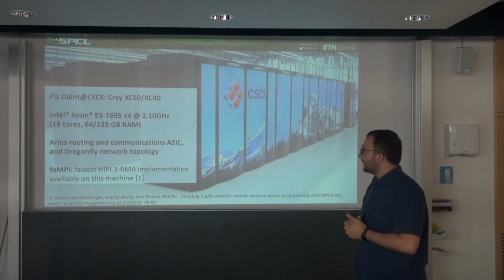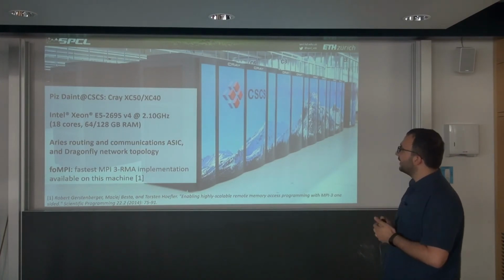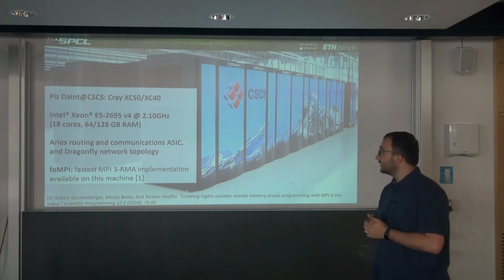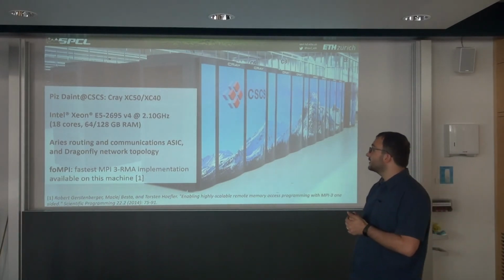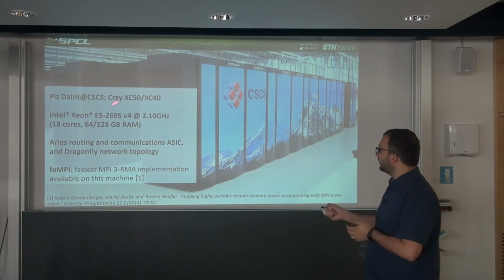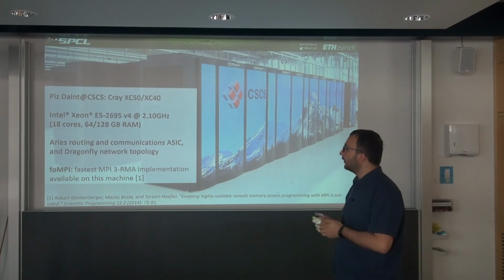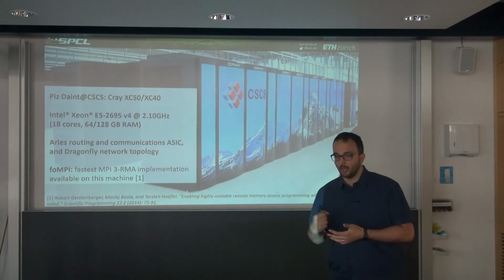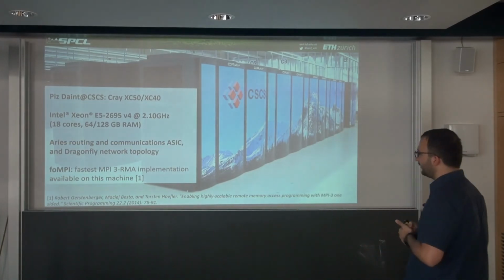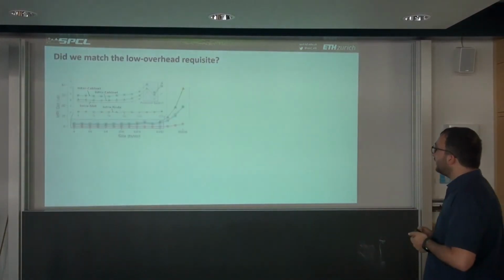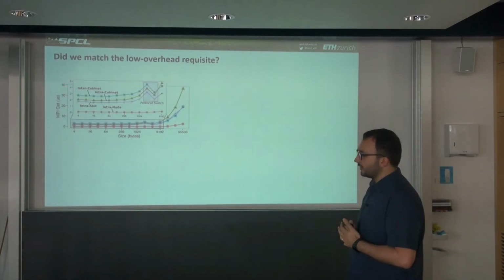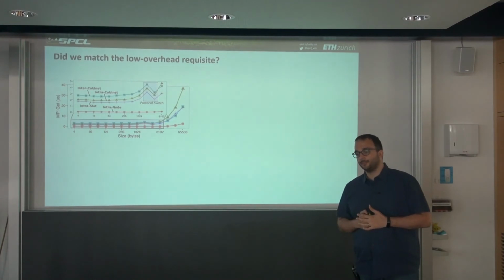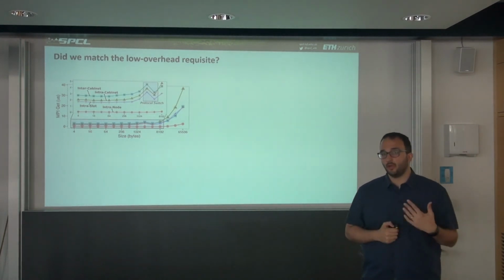Finally, some benchmarks. We tested the system on the Piz Daint supercomputer, that is a Cray XC50 XS40, with Dragonfly, and we compared to foMPI, that is the fastest MPI-3 RMA implementation available on this machine at the time of these experiments. The first question that we ask ourselves is, did we match the requirement of low overhead?